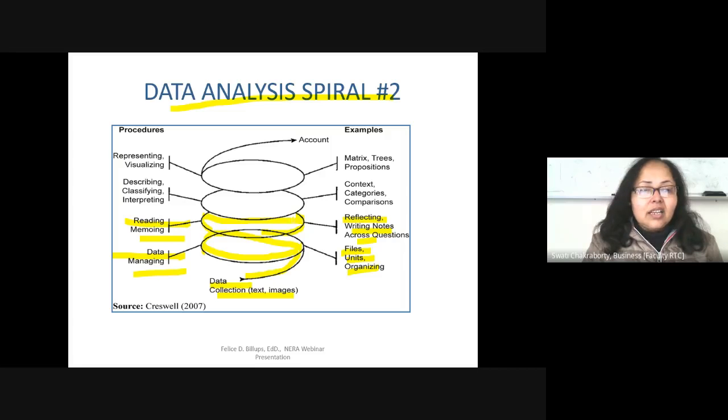Then the third level is describing, classifying, and interpretation. How do you do it? By context, through categorizing, through comparison. Next comes representing or visualizing it, where we can use matrices, trees, and propositions. So this is where we talk of the procedure, and this is an example in account. This is how we go about it.